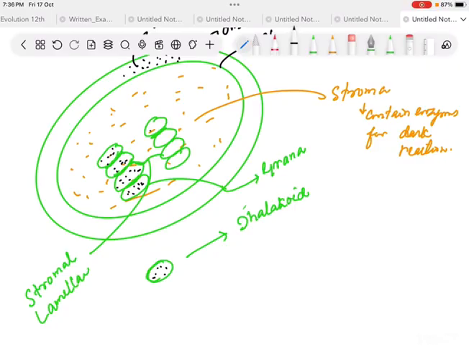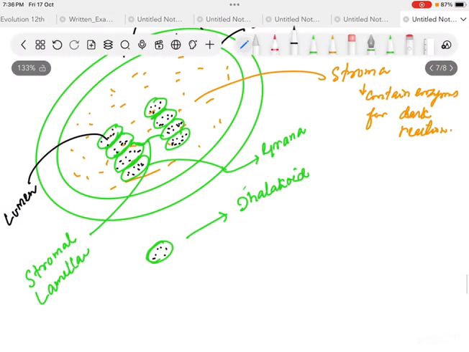I'm filling the lumen space with black dots. This black dotted spot is known as lumen. Fine, and where does the light reaction take place?